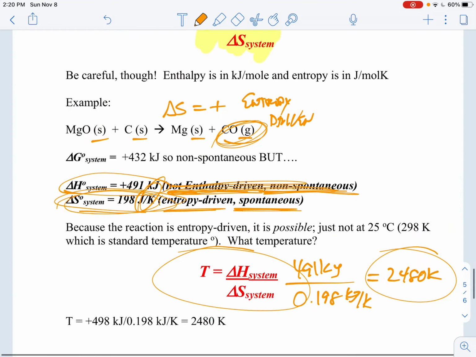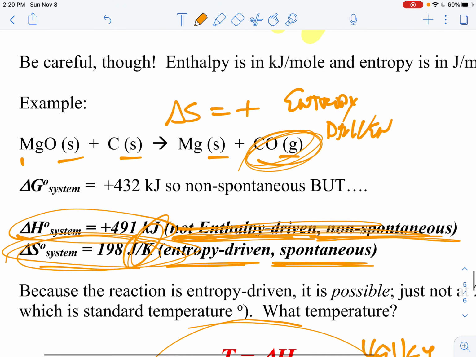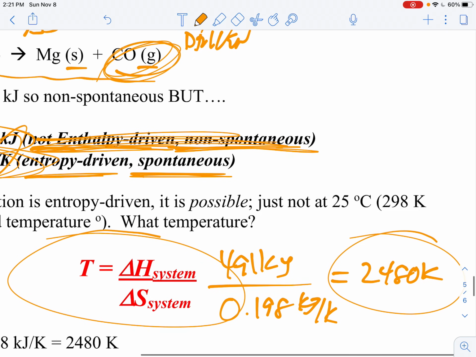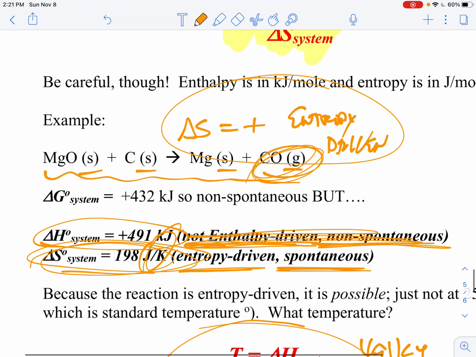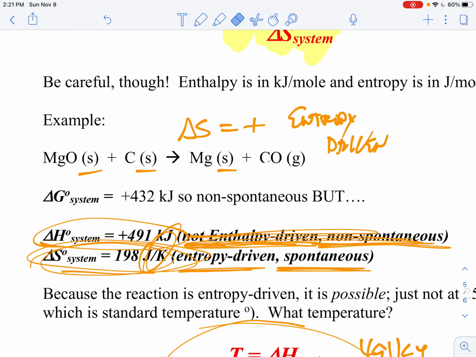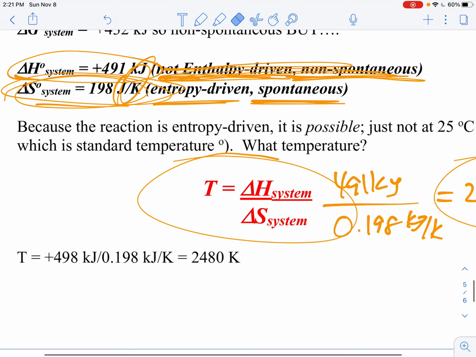So what that means is that if I can get the temperature up past 2480 Kelvin, then this reaction actually goes. It will actually be spontaneous, because if I can crank the temperature up to that point, then my entropy will be large enough to overcome the value of my enthalpy, and I will actually get the reaction to proceed.